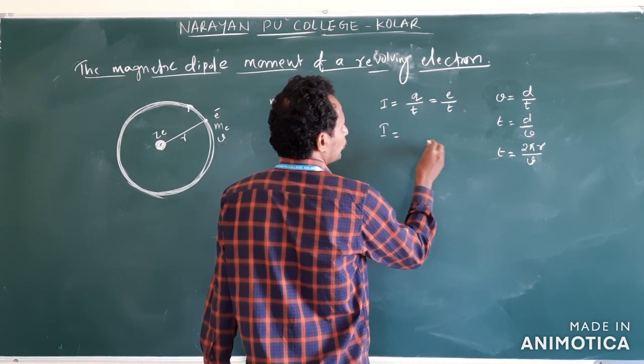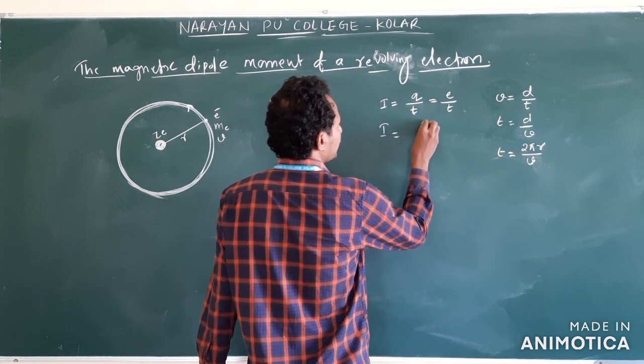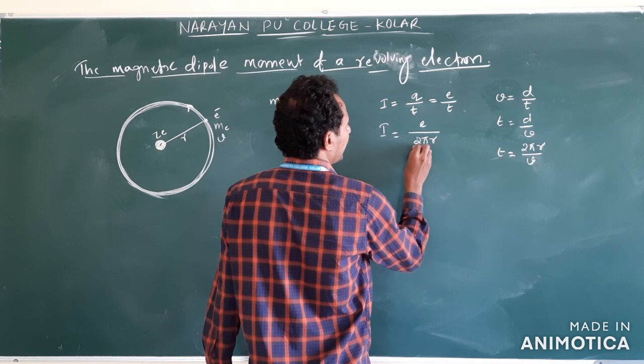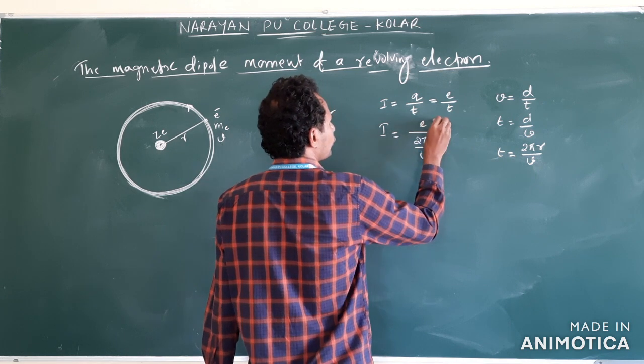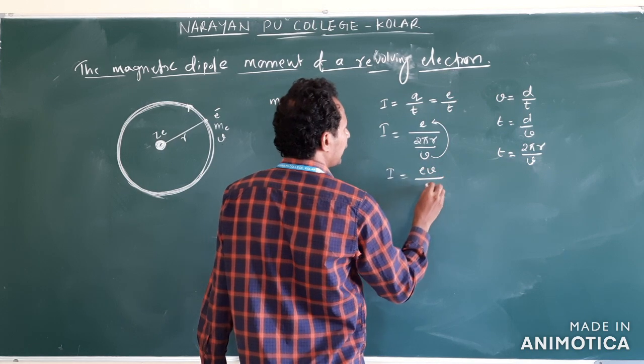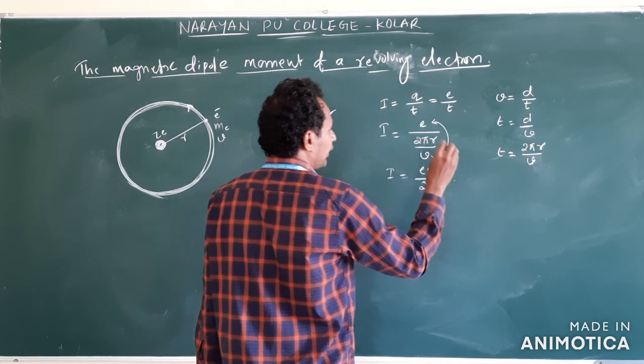Current is equal to E by 2 pi R by V. V goes up. Then I is equal to EV by 2 pi R.